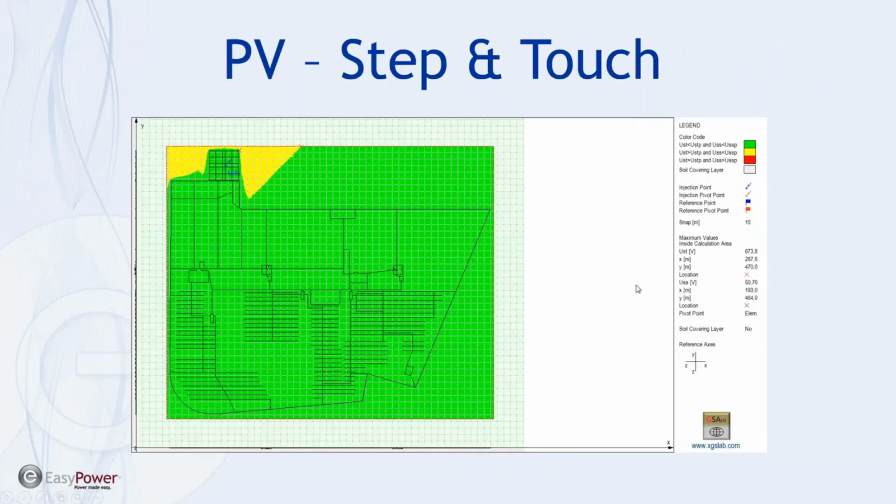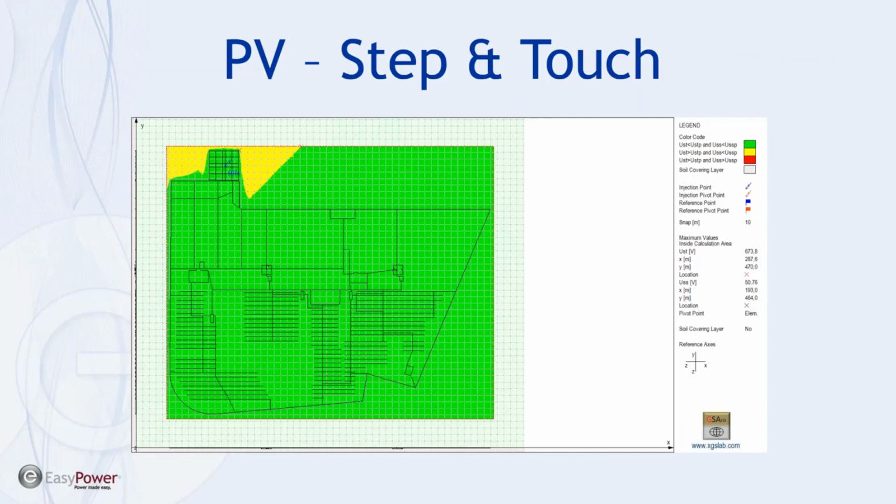Finally, the end result for this one, and I believe this is on native soil as well, we show that with that fault, with this grid design as modeled, we're all green, which means all of the step and touch hazards have been handled.